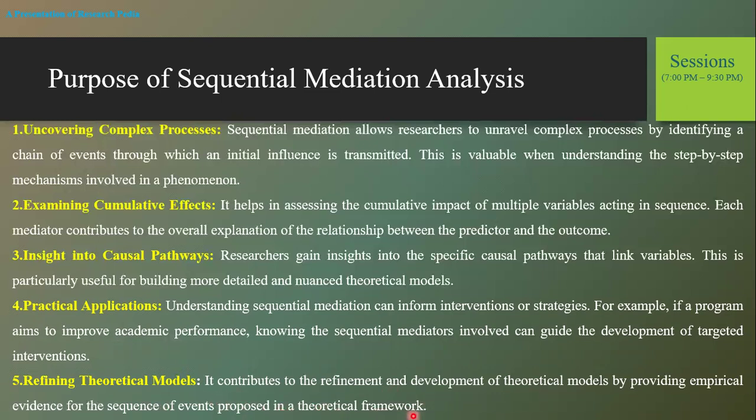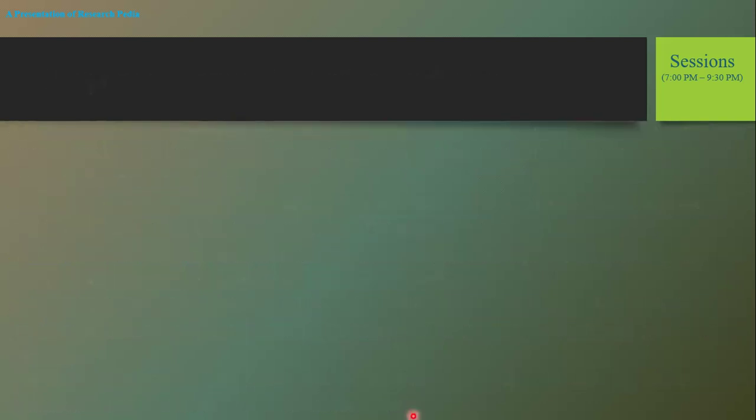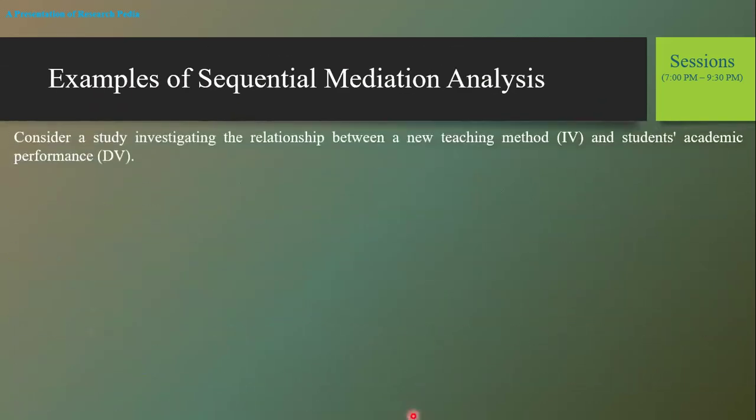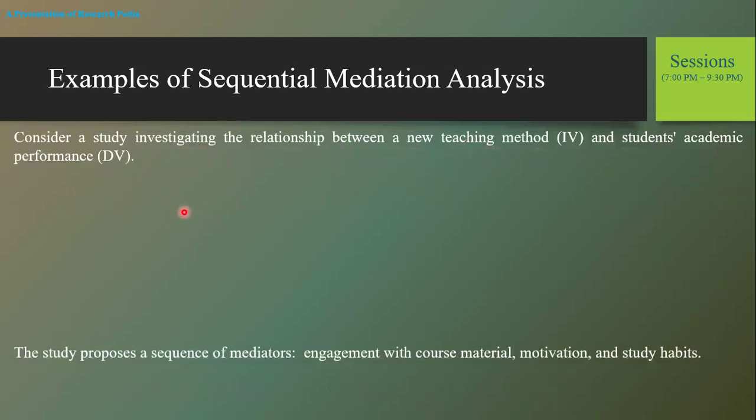So how can we analyze a situation involving sequential mediation analysis? This is very important for you to understand. For sequential mediation analysis, consider a study investigating the relationship between a new teaching method and student academic performance.